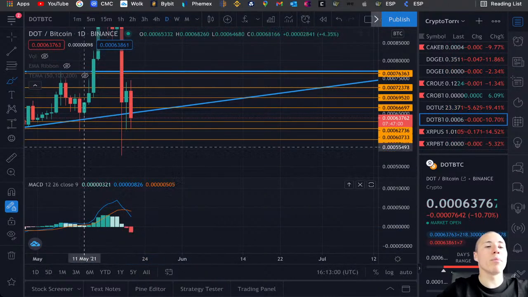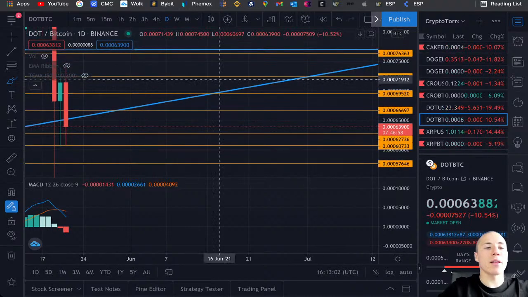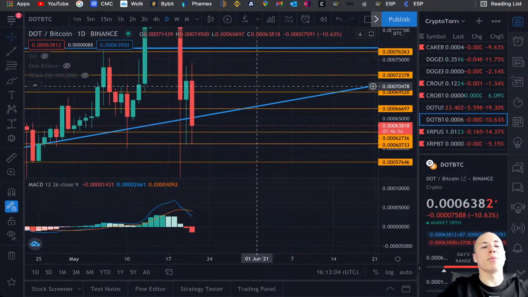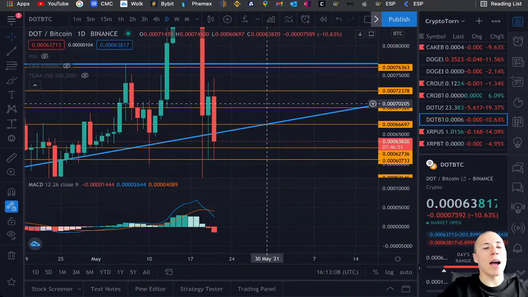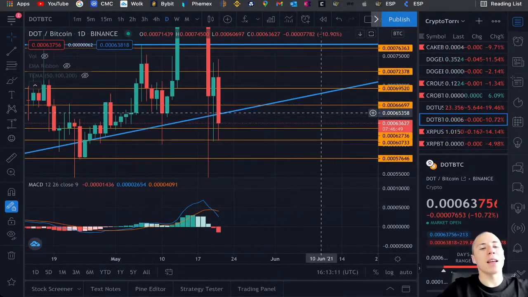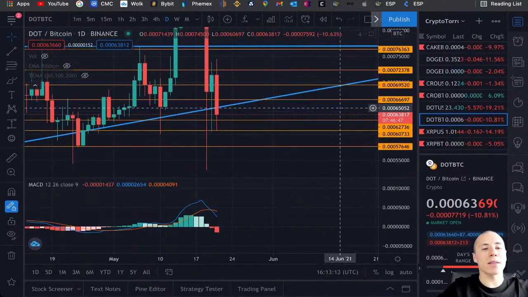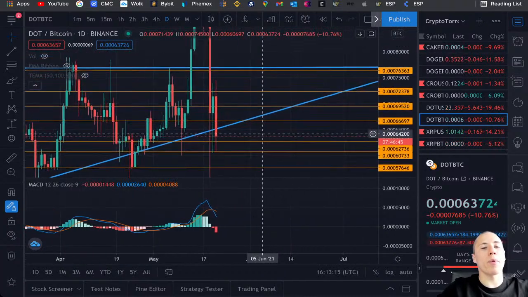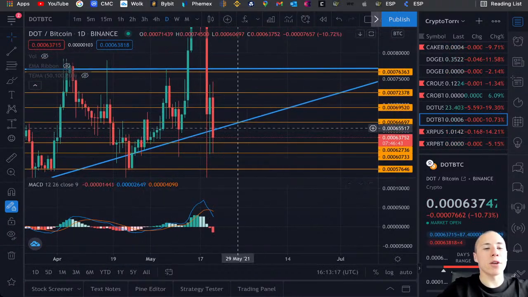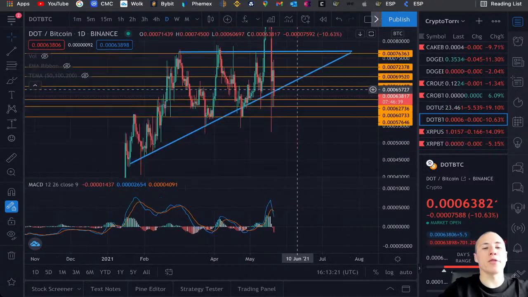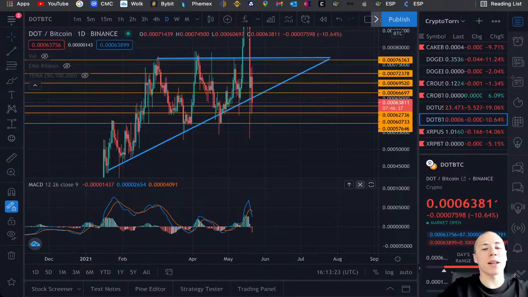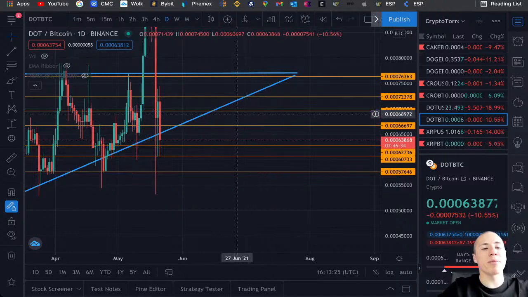Once Polkadot breaks underneath this upward sloping support line and won't find support on top of it, it is very likely for Polkadot to head towards even lower price ranges on the compared to US dollar chart, and it will also be losing strength compared to Bitcoin, and that is something I personally think is very important as well, especially if Bitcoin recovers.